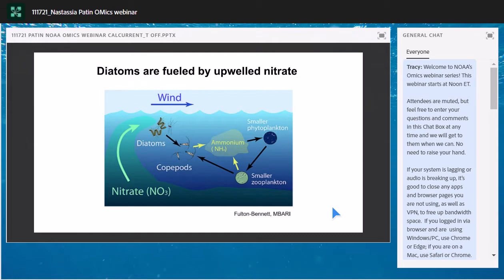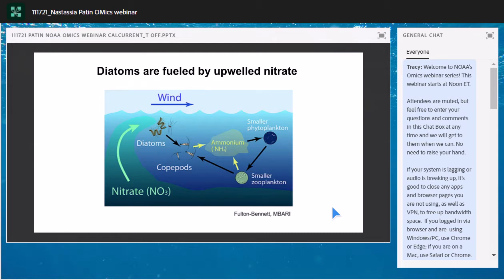But it includes this coccolithophore, Emiliania huxleyi, which is a really important phytoplankton. Coccolithophores generally are calcifying single-cell bloom-forming phytoplankton, and because they form these calcium carbonate shells, they do have implications for carbon cycling in the global ocean.